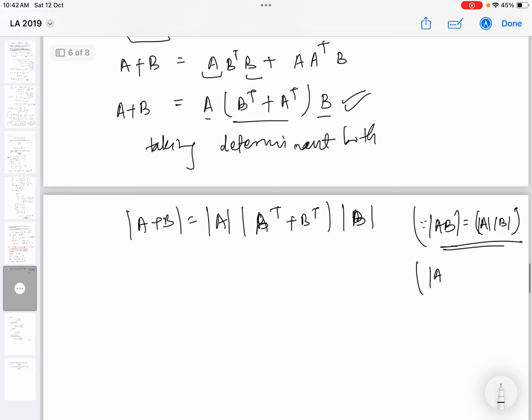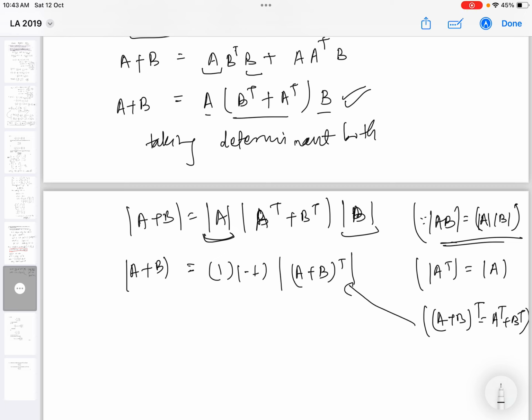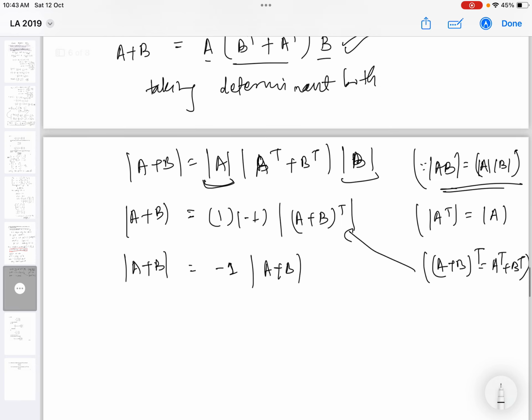Also we know that the determinant of A transpose is nothing but the determinant of A. The determinant of A is 1, the determinant of B is -1, and we know that the transpose of the whole A plus B is nothing but A transpose plus B transpose. Also the determinant of the transpose of A plus B would be nothing but the determinant of A plus B. So if we bring this to the LHS, 2 times the determinant of A plus B would be 0.